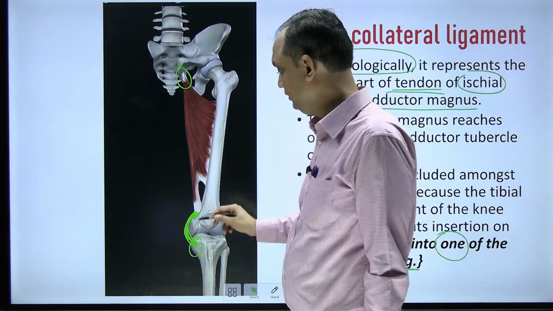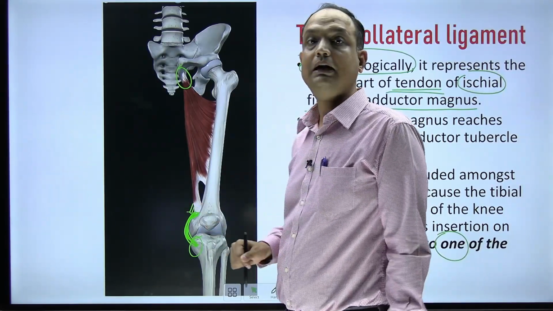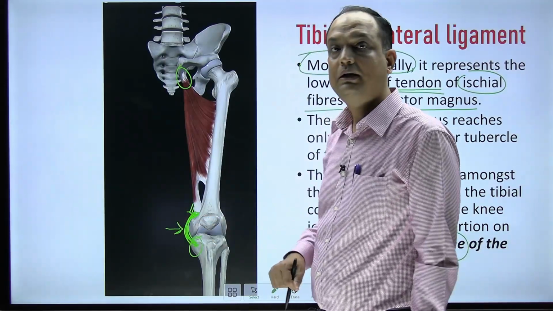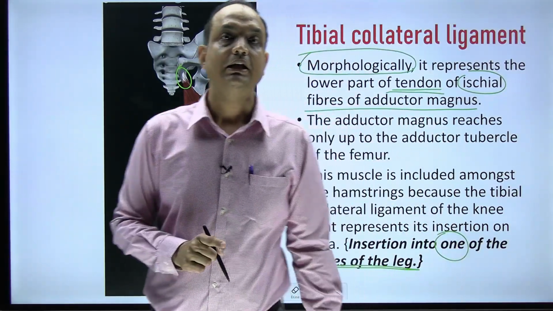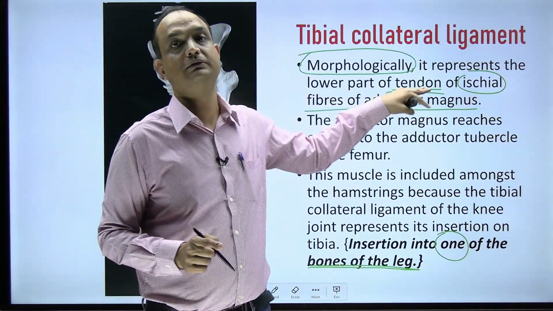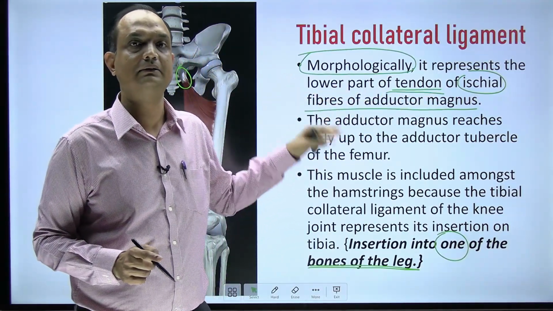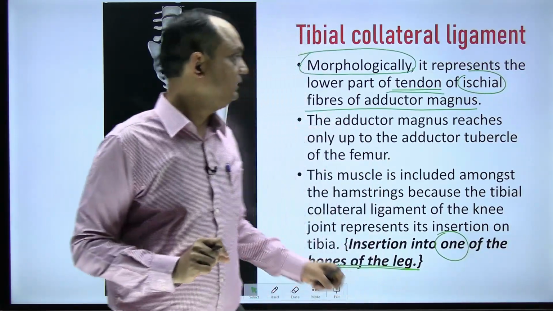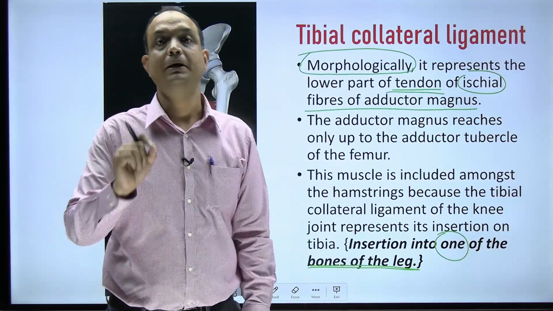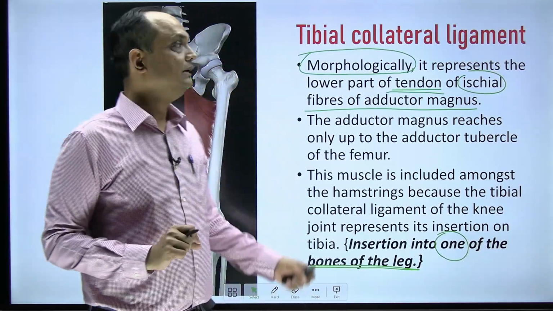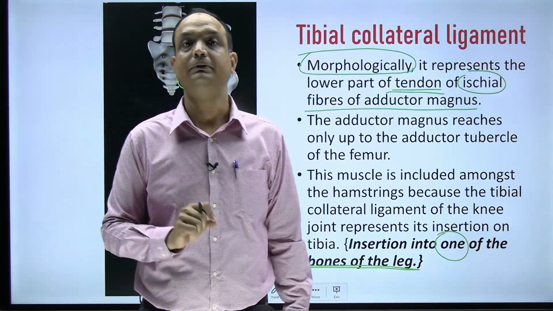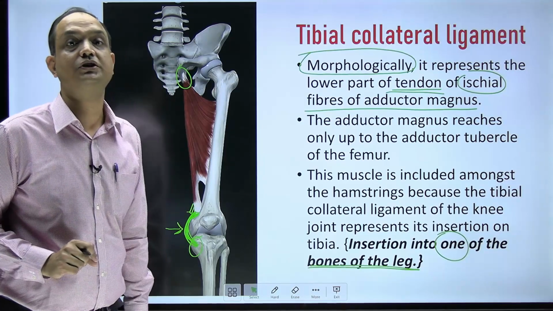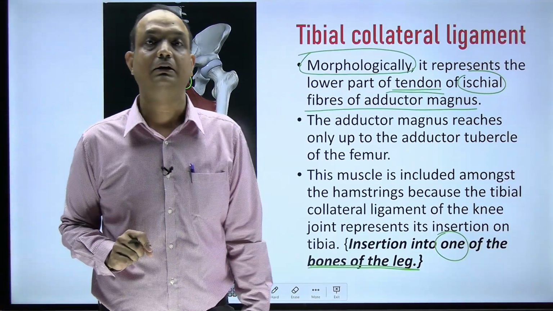Though the original insertion ends at the adductor tubercle, the connection from the adductor tubercle to the tibia morphologically represents the fibers of the ischial part of adductor magnus, and it forms the tibial collateral ligament. Clear? So the tibial collateral ligament is a very important question for your exam, that it morphologically represents which part of the muscle. The answer is, it is the lower fibers of the ischial part of your adductor magnus.